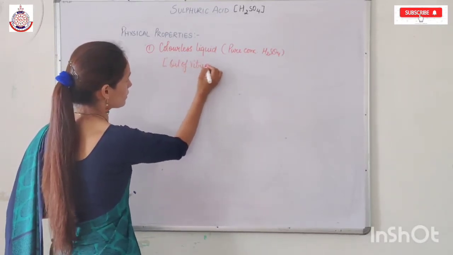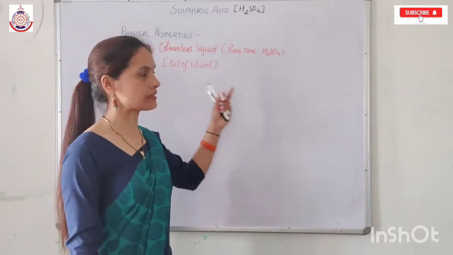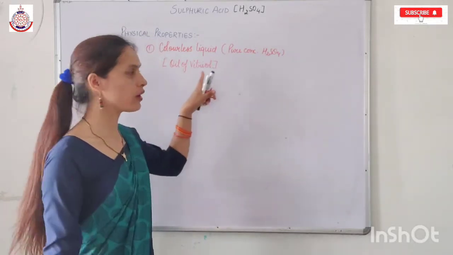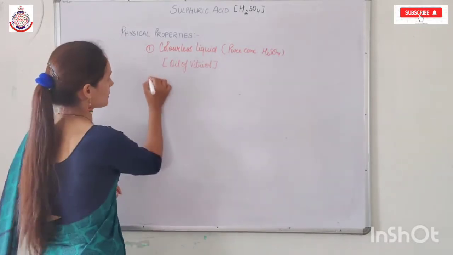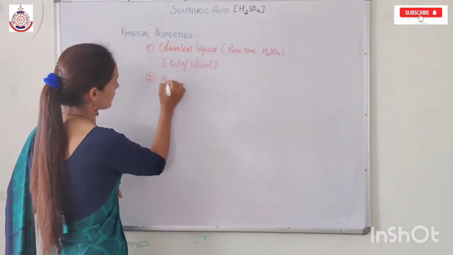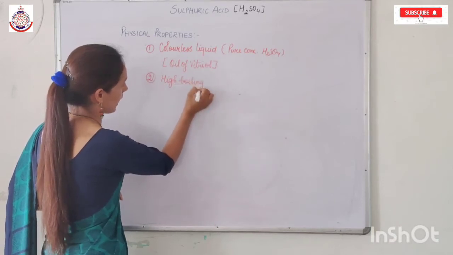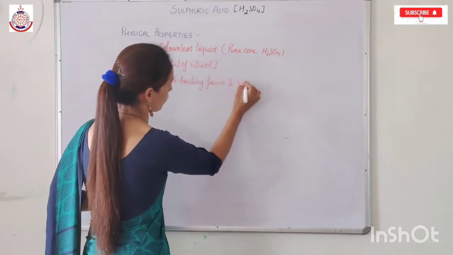So the other name of concentrated sulfuric acid is oil of vitriol, and it is a colorless liquid. Second, it has a very high boiling point and high viscosity.